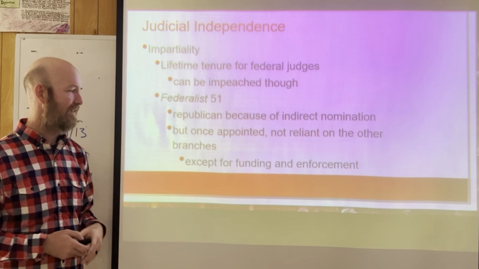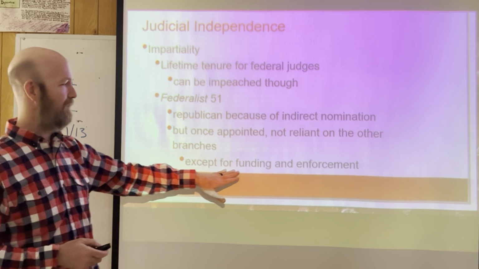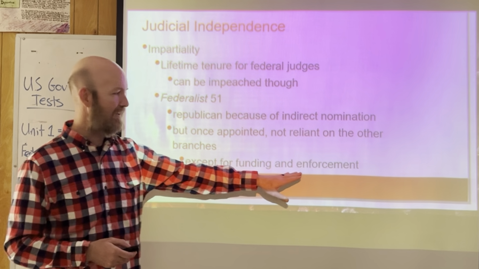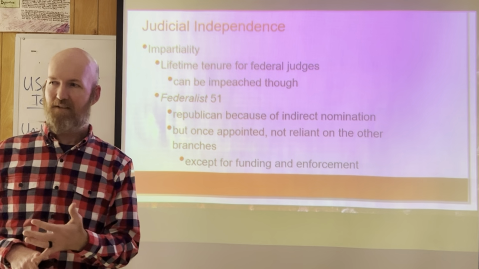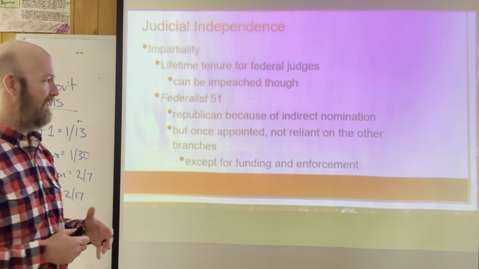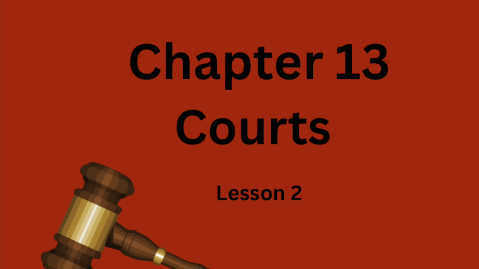They are independent. Of course, they can be impeached, and they do still rely on funding from Congress, and they rely on the President for enforcement. The Supreme Court can make decisions, but they don't have a police force. They don't have a military to enforce their provisions, so they have to rely on the other branches.